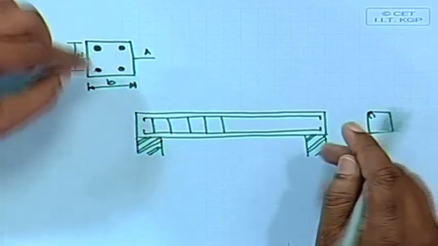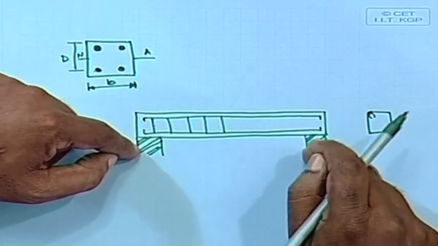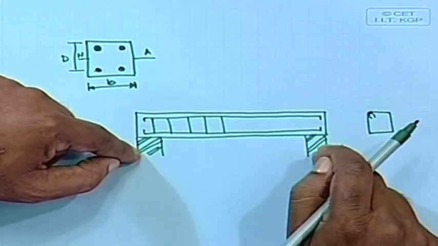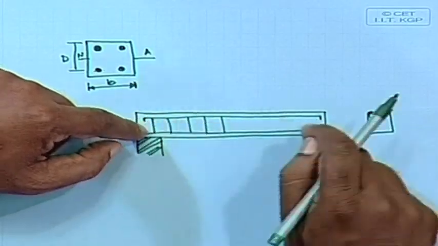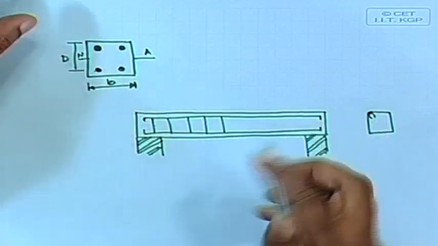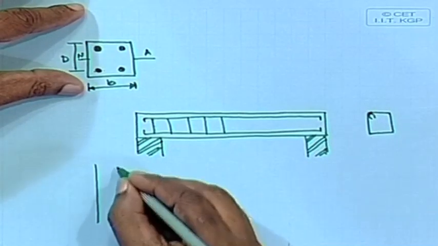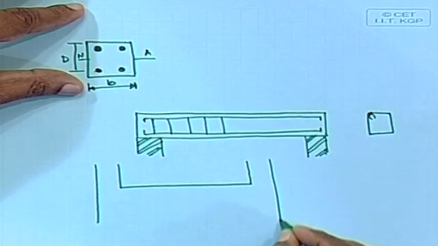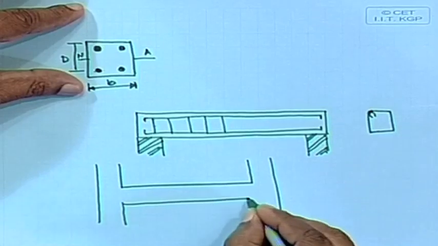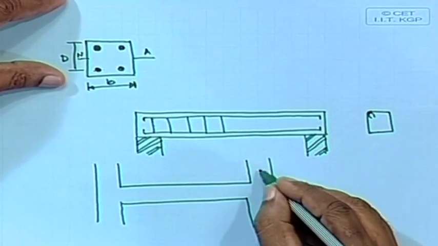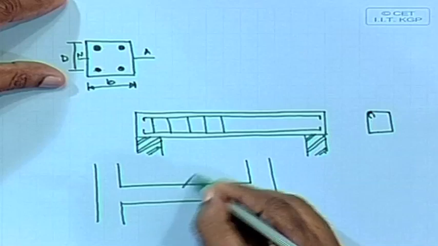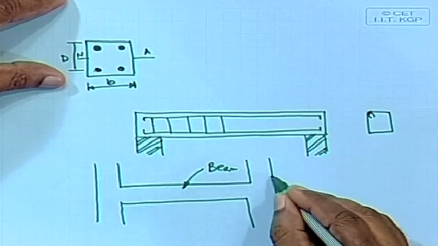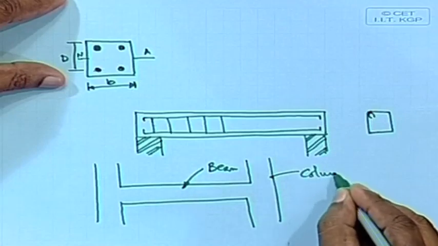We can consider this type of support as simply supported, because the moments will be zero here. But say this is your column and this is your beam, and this is column, both sides.